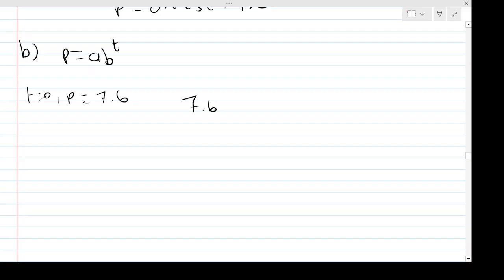So 7.6 for P is going to be ab to the 0. Well, b to the 0, we remember that anything to the 0 is 1. So that means 7.6 is simply a lots of 1, which is just a. There we are. So then P is now 7.6 b to the t. Now I just need to find b.